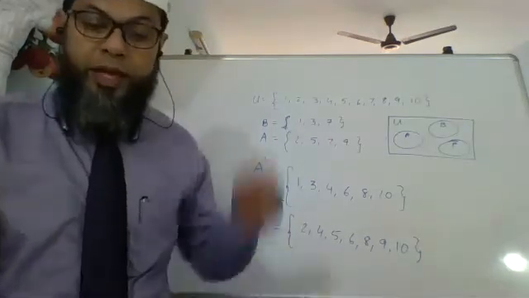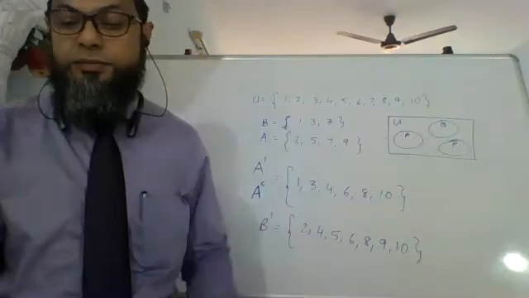It's called a complement of B and it is denoted as B dash.